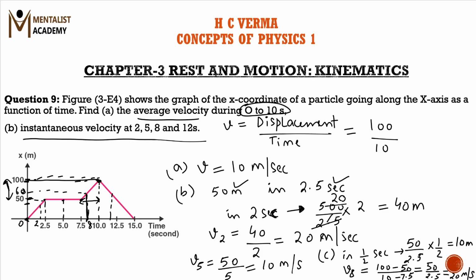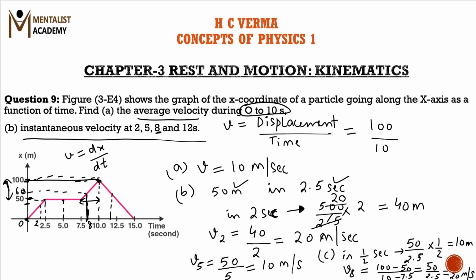The instantaneous velocity at 8 would be 20 meter per second. See, the instantaneous velocity is equal to dx upon dt. So we are just using that. Dx, change in position, is 100 minus 50.